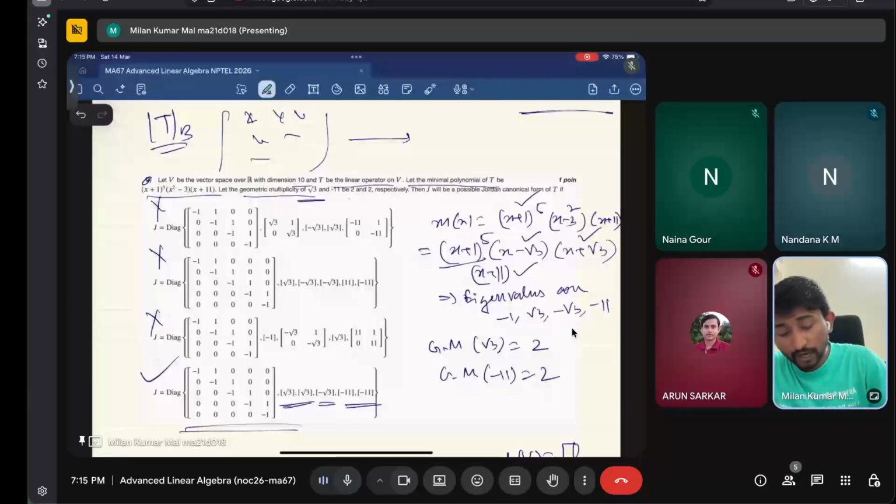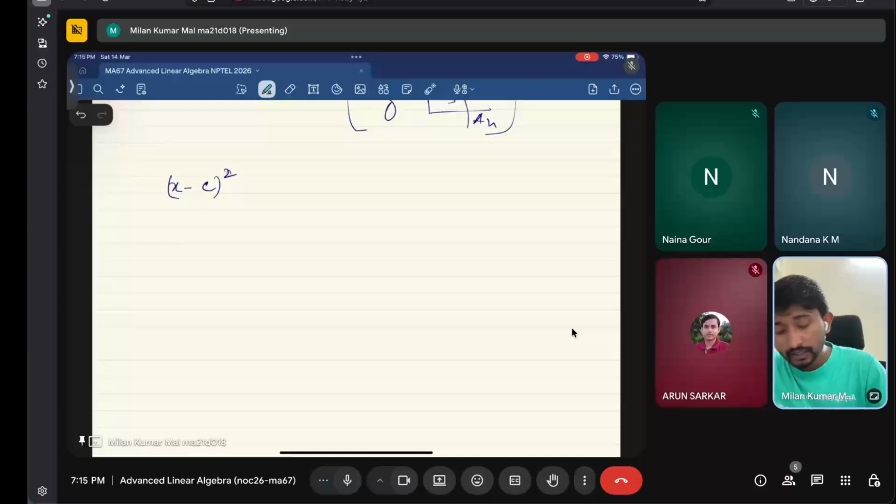For example, suppose this is the minimal polynomial, so let me write, this is 3. This is something like an exercise you can say. Let this be the minimal polynomial, and the characteristic polynomial is some power which I am going to replace according to our demand.